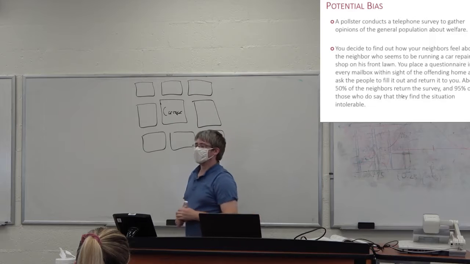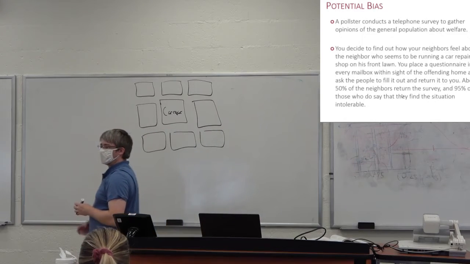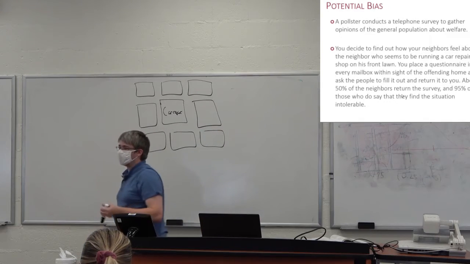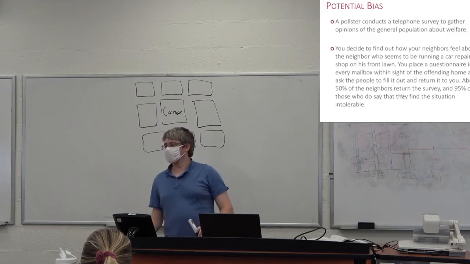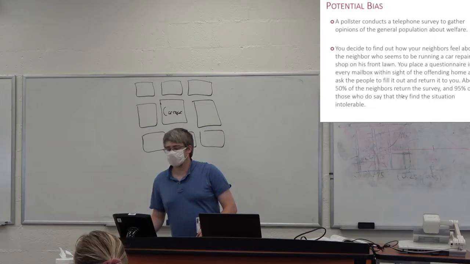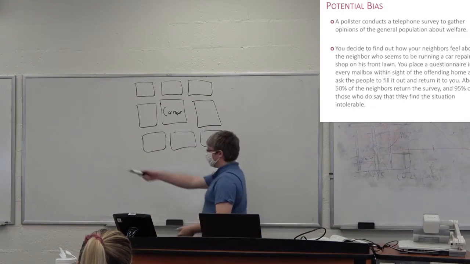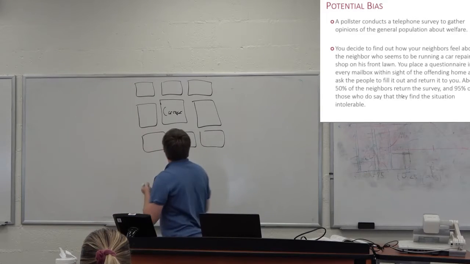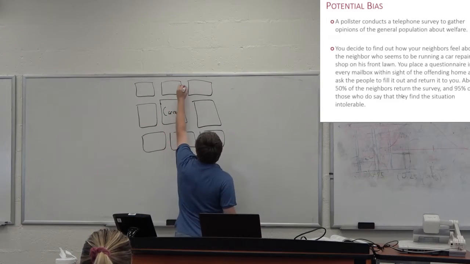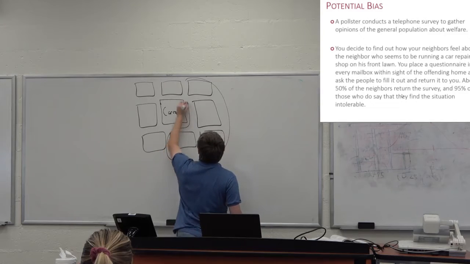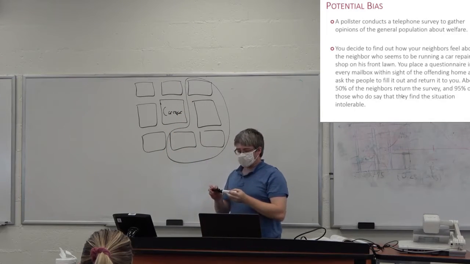Yeah. Well, only the people that really care about it are responding. That's right. 95% is really only like 60%, but 40% of the people don't care enough about it to actually respond. So first off, you get a good number of neighbors that return the survey. Let's just say these people are the ones who return the survey here.